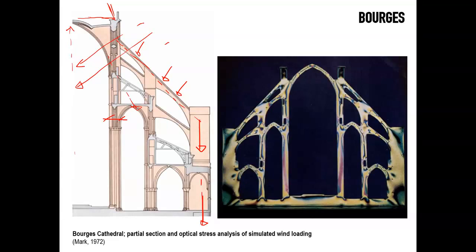And they also describe how in the 1970s, without having all the gizmos of computer analysis, very simply, some historians in this discipline prepared some models of plexiglass that replicated the section of the towers, and then they loaded the scaled down models.